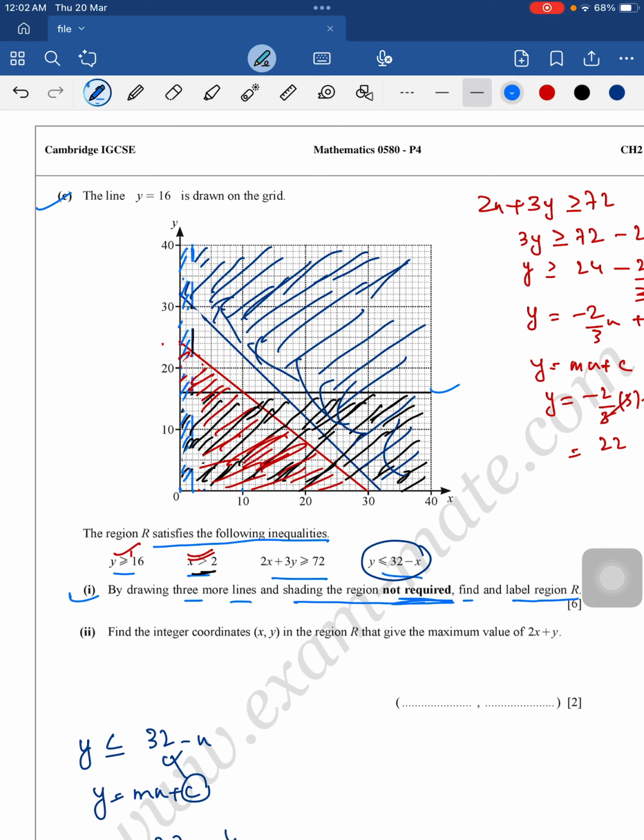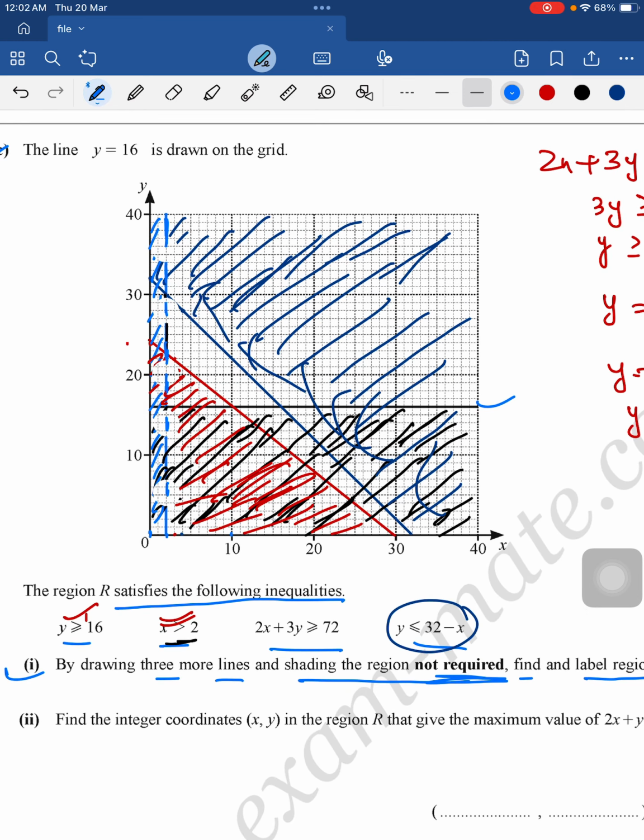So I've made it dotted so that it is clear over here that it is dotted. So we cannot take any point on this line. It does not have the equals to sign over here, right? Okay, so the region included in this is this region and this region as well.